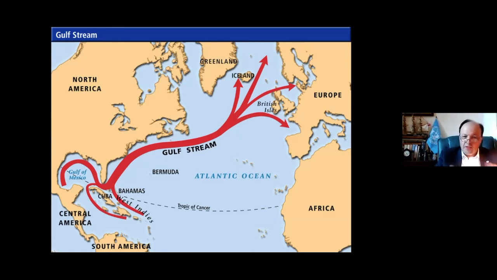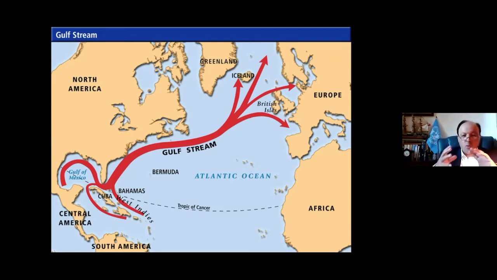the masses of water, traveling with their heat, release the heat back into the atmosphere. The result of that, helped by the jet streams, by the way, is that Western Europe, for example, has a milder climate, milder types of weather, compared to similar latitudes in Canada and other parts of North America.